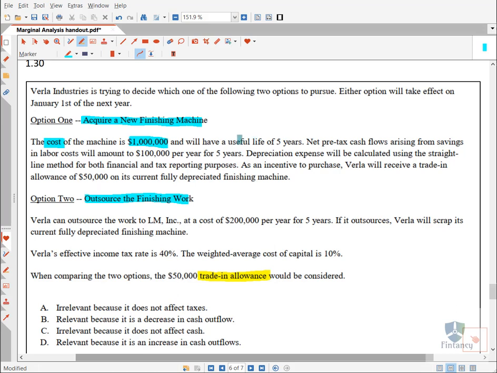Right now, after all the depreciation and everything, you can have a trade-in allowance of how much? $50,000, yes, because it's fully depreciated actually. You have used it for the 5 years and it's already fully depreciated.